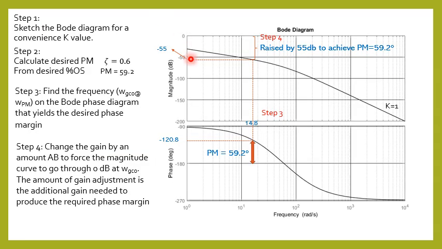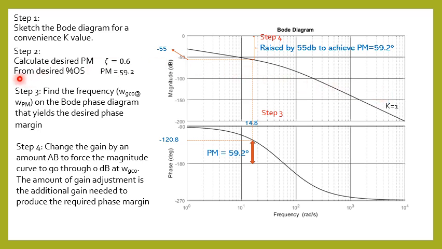So the first step is to sketch the Bode diagram for a convenient K value. To ease our discussion, I have plotted the Bode diagram for the given system using MATLAB, and I plotted the Bode diagram for K equals 1. If you want to do this example on your own, you must plot it either manually or you can use MATLAB.